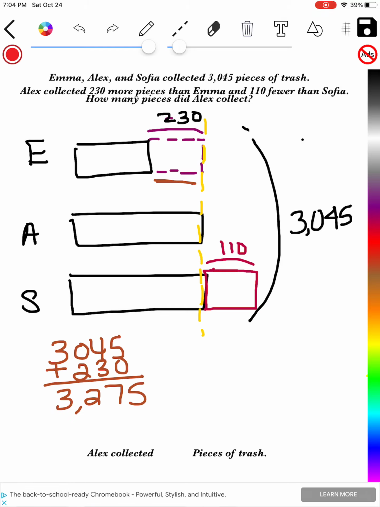The next thing I'm going to do is I'm going to subtract that 110 on Sophia's bar to bring her total back down to that threshold. So 3,275.